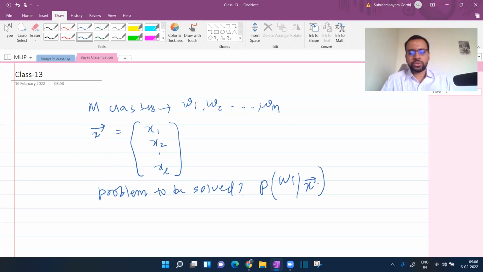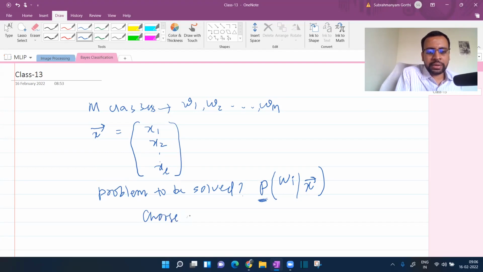Very good. And now what is it that you are going to do? You are going to compute it for each individual class. So you are given an x bar value. Now you see with what probability it can belong to class 1, class 2, class 3 up to class m. And then which one do you choose? Choose the maximum.